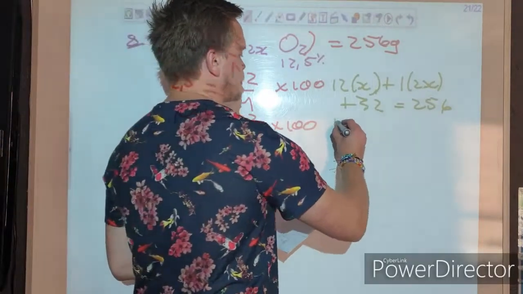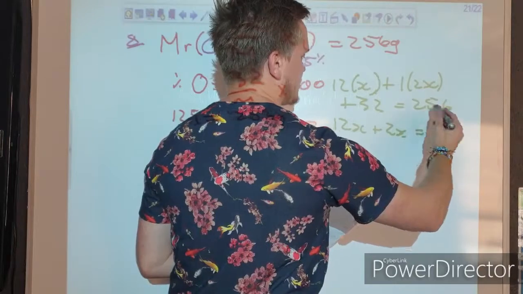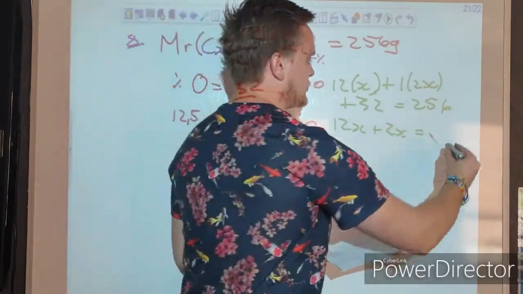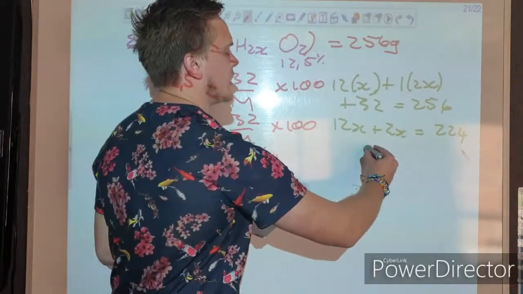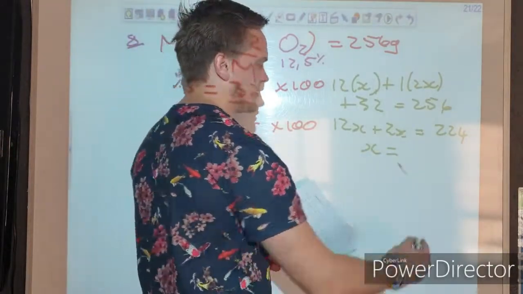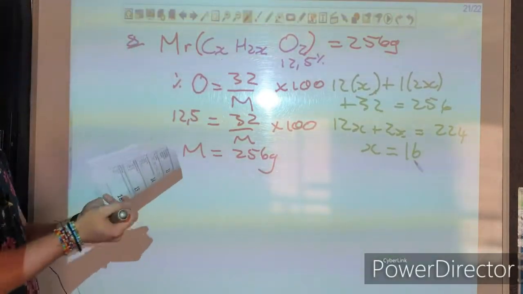And that just changes to 12x plus 2x equals the 256 minus the 32, which is 224. And then if we find what x's value is, it's 16.